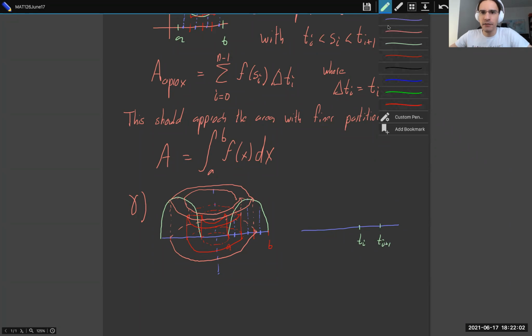And then in the middle of them, you've chosen some point s sub i, somewhere between them. And then you've taken the function's value. So this is f of s sub i. And what you're going to do with that function value is that you're going to form a cylinder. So suppose we reflect it.